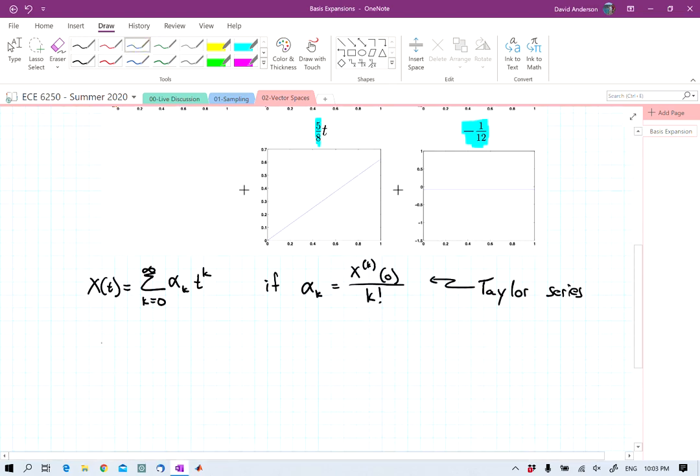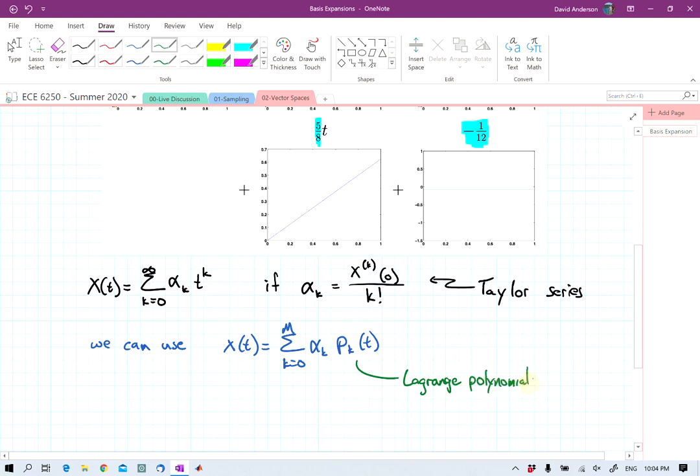For example, we could use x of t equal to a sum over k from 0 of alpha k for different alpha, p k of t, and this could be, say, Lagrange polynomials, or B-splines.